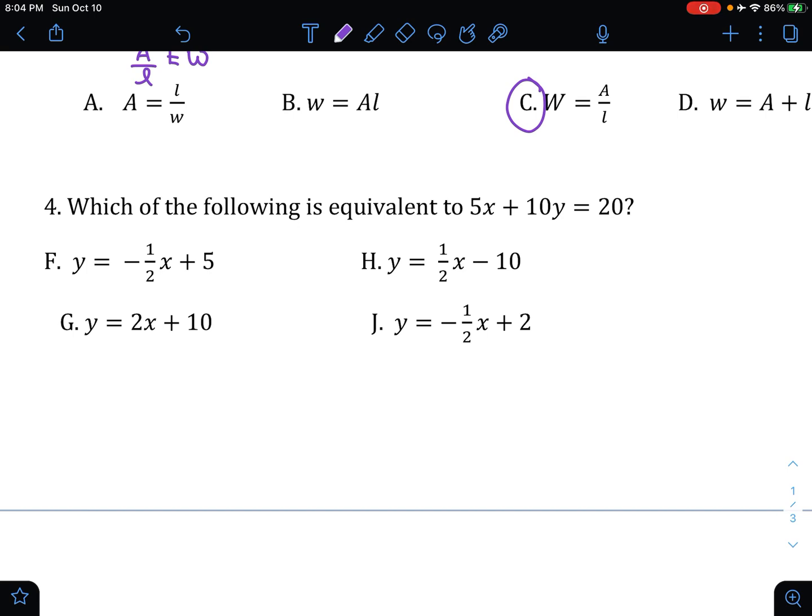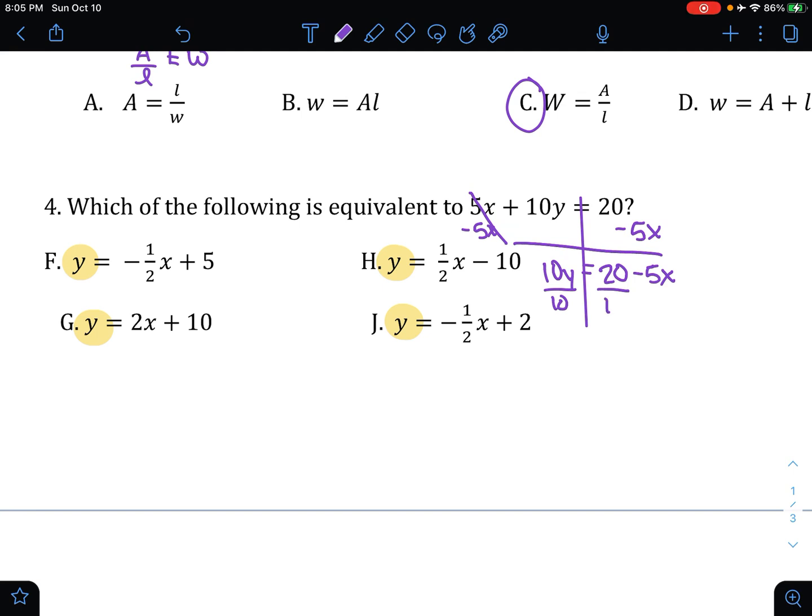Okay. Which of the following is equivalent to 5x plus 10y equals 20? So if we look, all of them have in common y equals, which means we need to solve this equation for y. So to do that, first thing I'm going to do is subtract 5x from both sides. That leaves me with 10y equals 20 minus 5x.